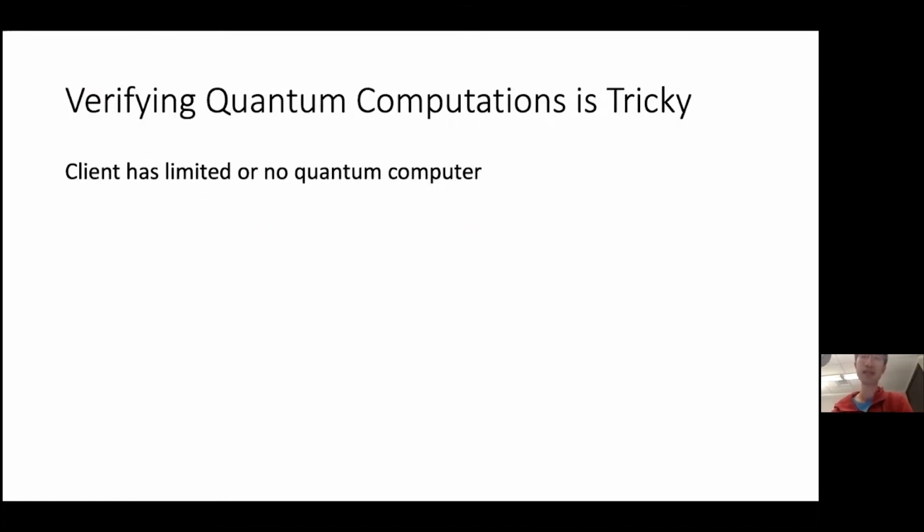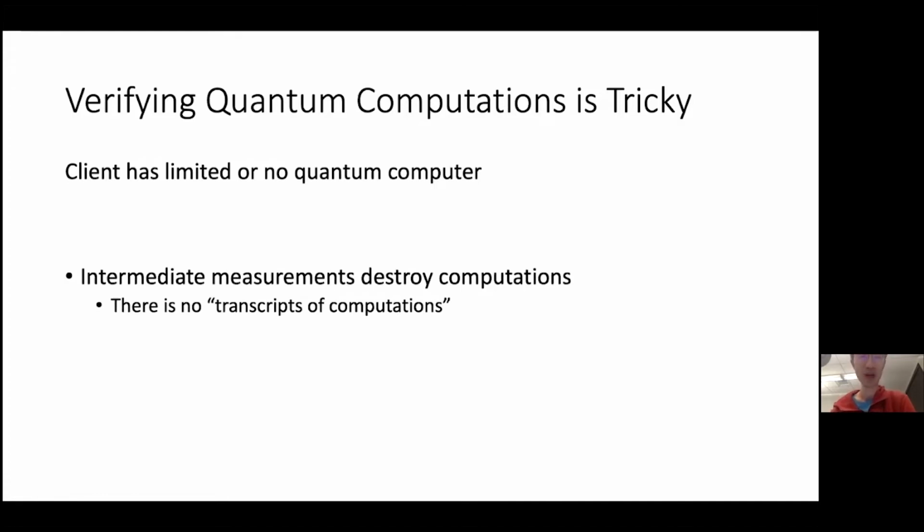And this problem turns out to be very tricky because in our setting, the client only has limited or even no quantum computer. How could such a client verify arbitrary quantum computations? What's more, quantum computation behave very differently from classical computations.